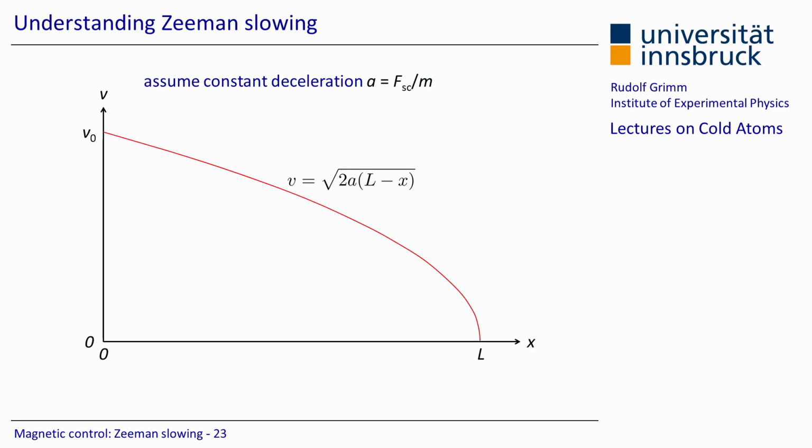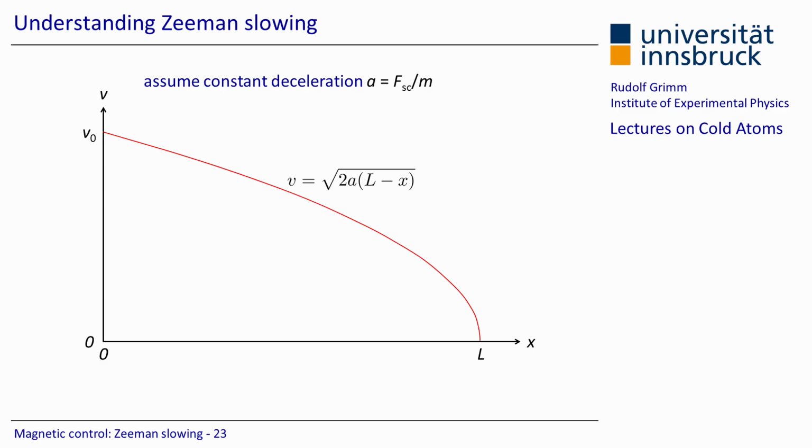Now let's consider the Zeeman slowing in some more detail. First of all, we assume a constant deceleration A, which is simply the scattering force divided by the mass. This is of course below the maximum possible deceleration. We start at an initial velocity v0 and want to slow down to zero, stopping the atomic beam.